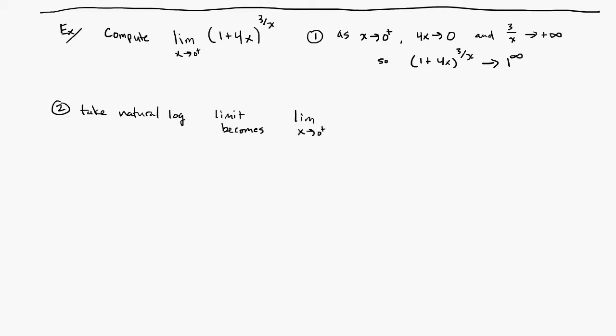Taking the natural log of this, the exponent comes down in front, from the rule of logarithms: 3 over x times the natural log of 1 plus 4x, which can be written as the limit as x goes to 0 from the right of 3 times the natural log of 1 plus 4x over x. Now as x goes to 0, the natural log of 1 is 0, so the numerator is 0, and the denominator is also 0, so this is of the form 0 over 0.